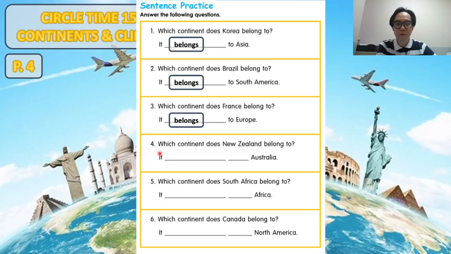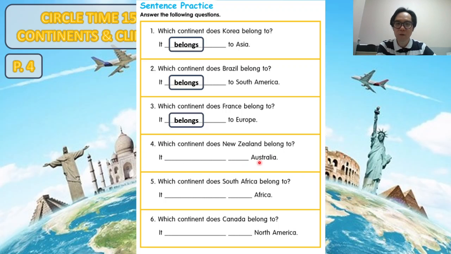Now, number 4 says, which continent does New Zealand belong to? We've never seen New Zealand before, but I'll tell you what, it's one of those little red islands that belong with Australia. So, what will we say? It blank blank Australia.